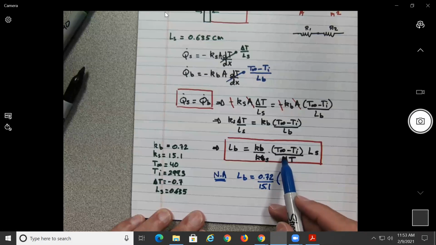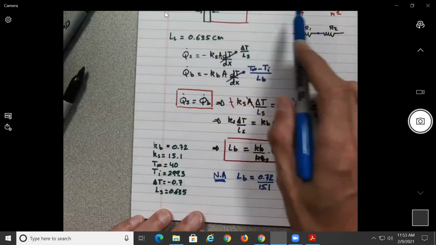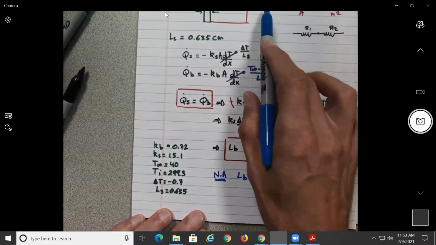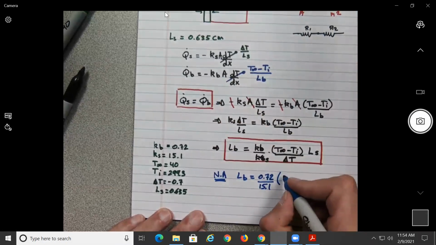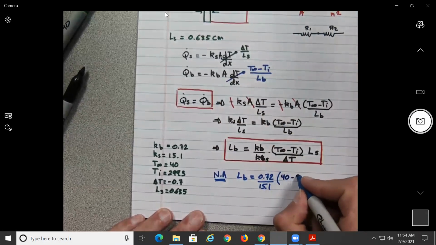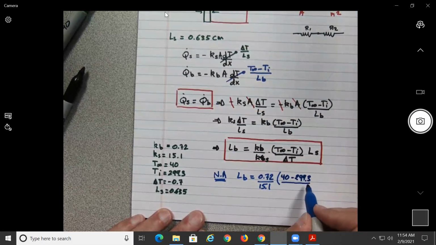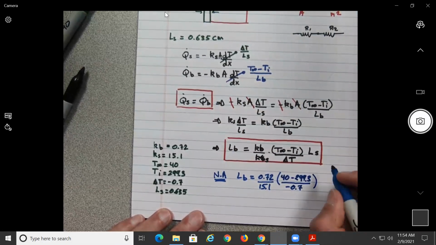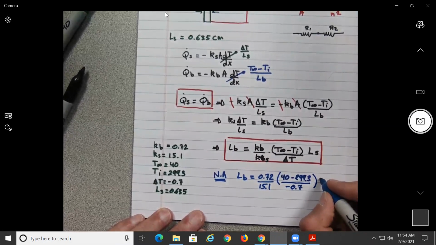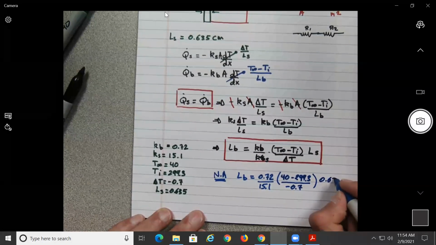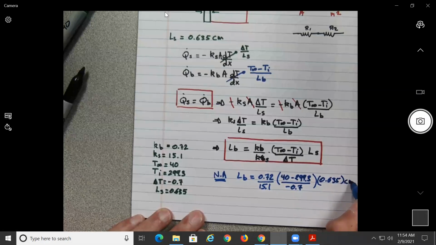So this will be T infinity minus the T inside, 40 minus 299.3, divided by negative 0.7, and this is unitless. Then you have 0.635 in centimeters, so the units you will have are centimeters.